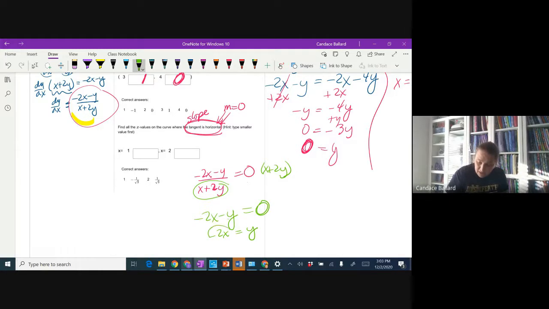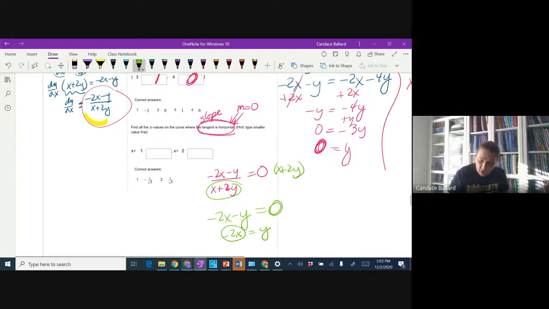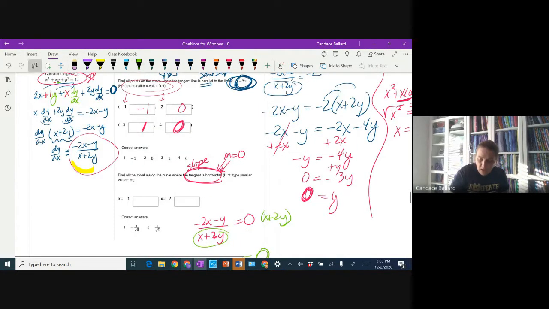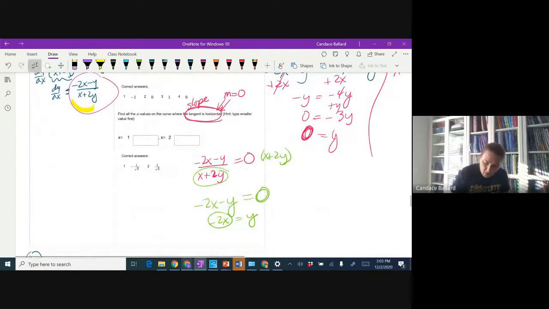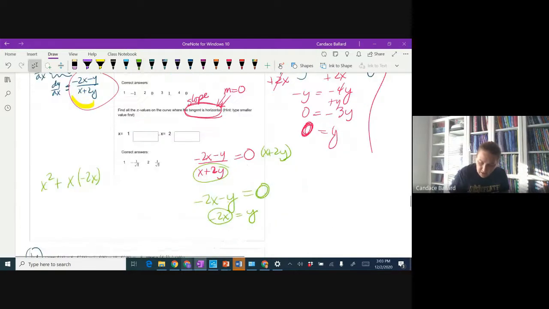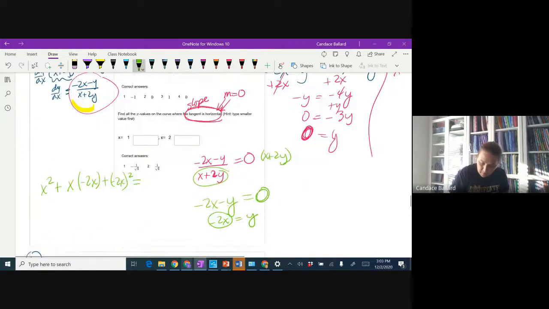I'm going to substitute this back into the original equation for the y. So we have x squared plus x times this new y, which is -2x, plus y squared, so -2x squared, equals 1.